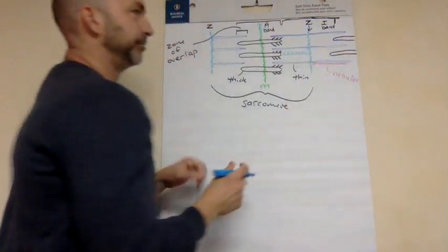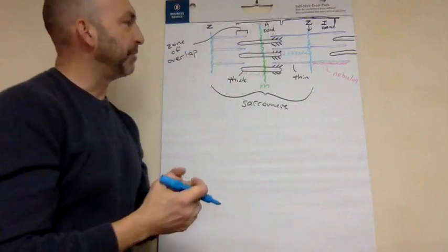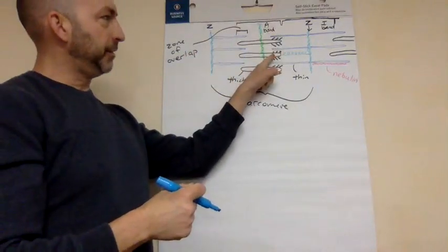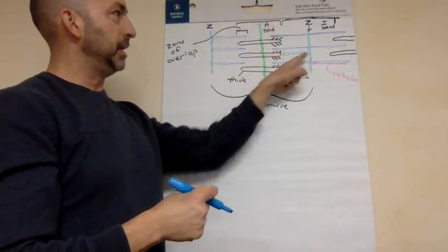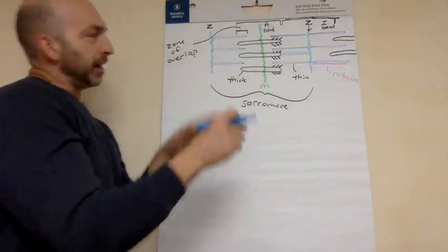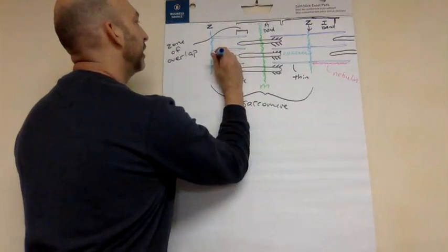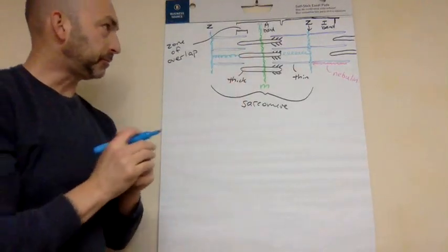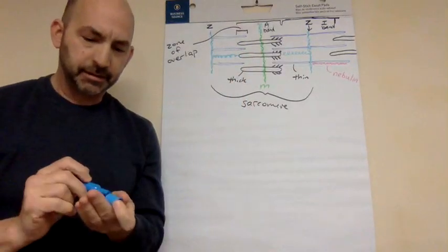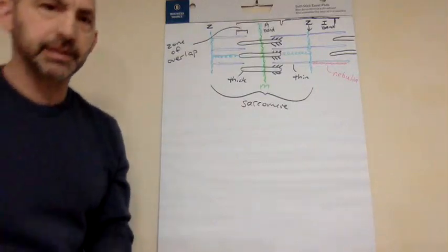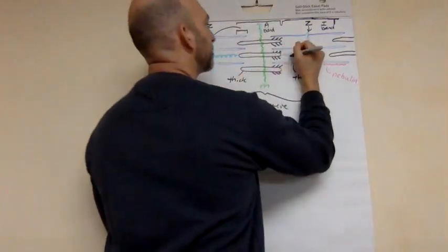And it actually splits at the end. We don't have to worry about that. But what it does is it connects the thick filament, the myosin filament, to the Z line. And so it helps keep it all in line. There would be one going this way, right? This spring-like protein. We'll call it titin, but it also has this name. The newer term for it is connectin.